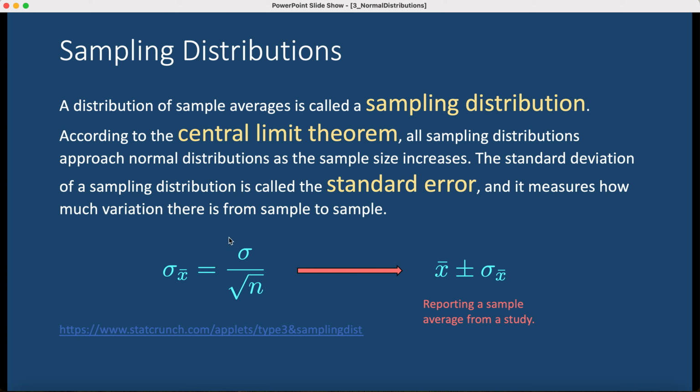So we take the standard deviation for the variable, divide by the square root of the sample size, and that's what we call the standard error, and that measures how much variation there is from one sample to the next. So as the sample size goes up, this number is going to go down. When you have a big sample, the variation gets smaller. If you have a small sample, the variation is very big.